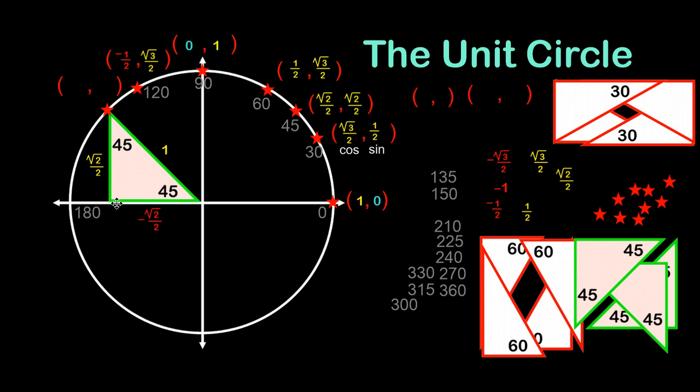Our next spot on the unit circle is going to be a 45-degree reference angle. So that would be 45 degrees back from 180. So if you subtract 45 from 180, you get 135. And so then we can determine the sine and cosine values of 135 as negative root 2 over 2 and positive root 2 over 2.